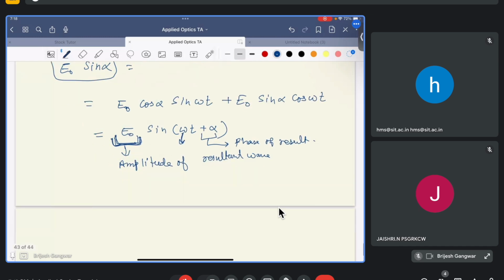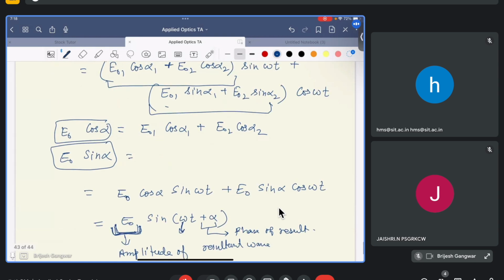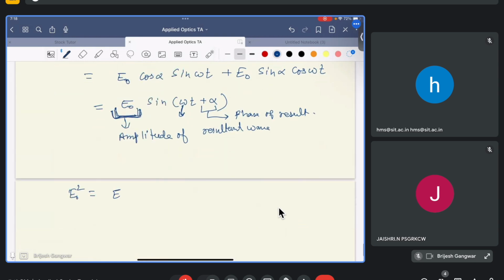Okay, so this will be E0 square, what it will be, (E01 cos alpha 1 plus E02 cos alpha 2) whole square plus (E01 sin alpha 1 plus E02 sin alpha 2) whole square, okay.